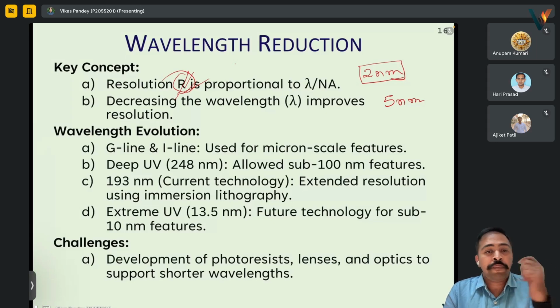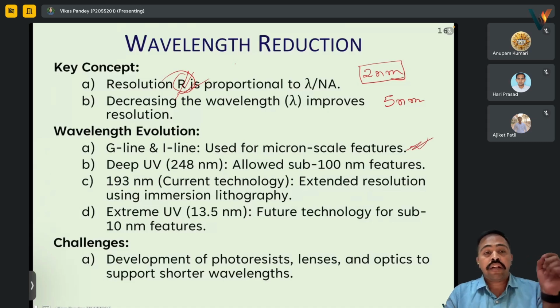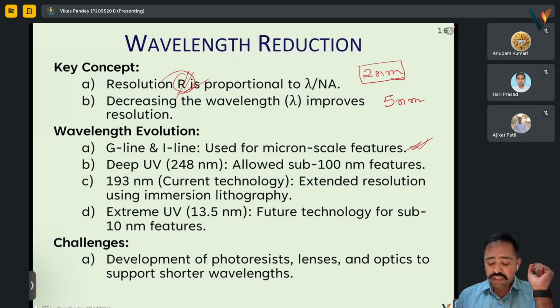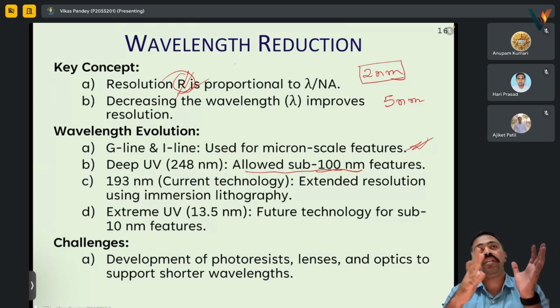Nowadays, deep UV, that is 249 nanometer wavelength, is used, which allows sub 100 nanometer features. Then we have shifted now to 193 nanometer. Not everywhere, but we are talking about the current technology, generally processor technology.